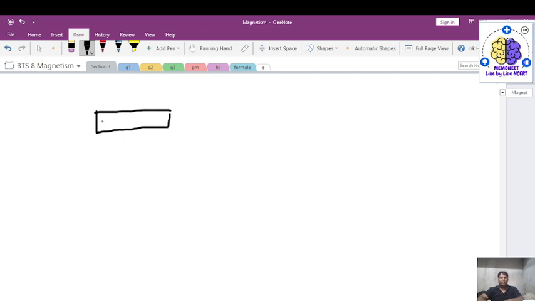It has a north pole and a south pole. Magnetic fields run like this from north to south, from north to south, right? This is the direction of the magnetic field.